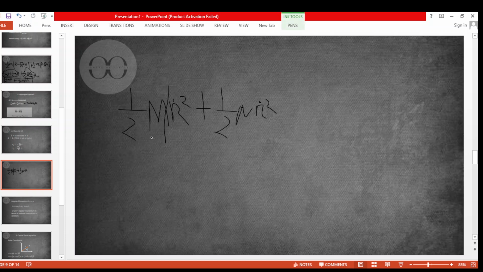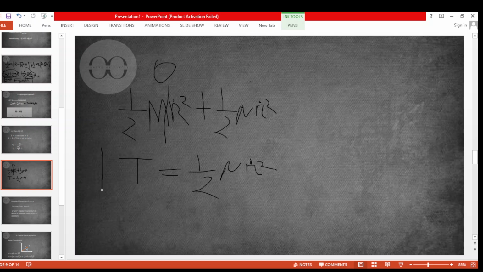Yes, this is nothing but 0. So now our kinetic energy becomes a simple equation, which is T equals half mu r dot squared.